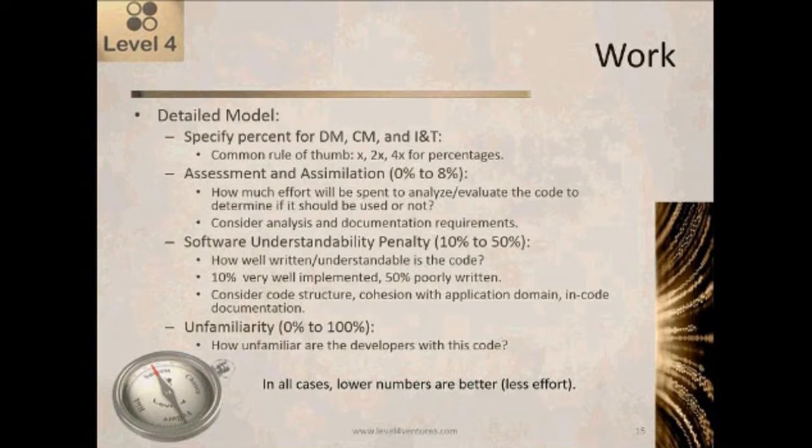Fairly straightforward. The next variable is called assessment and assimilation, or AA. What this variable represents is how much effort will be spent to analyze or evaluate the code that you're working with to determine whether it should be used or not. So let's say that we have a set of modules that do part of the functionality of what we want.